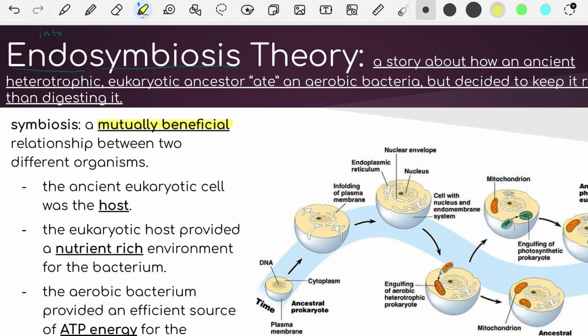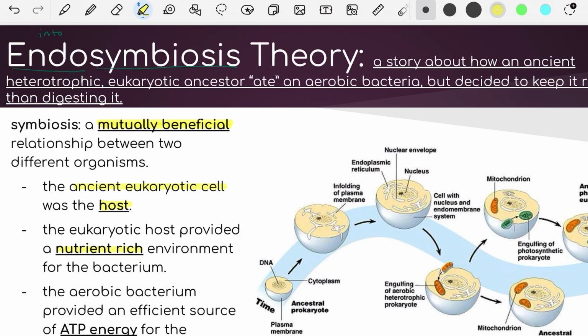So the relationship here is that there was an ancient eukaryotic cell, and it acted as something called the host, or the home environment, right? And that host provided a nutrient-rich environment that a bacteria could grow in.